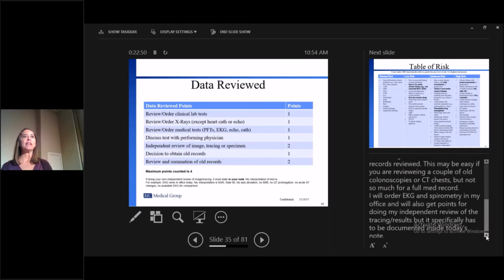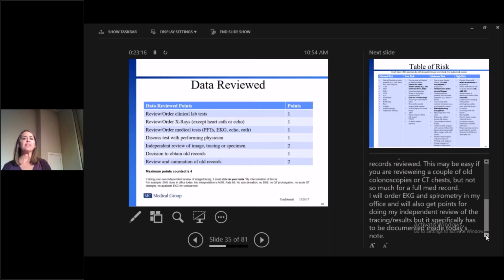My interpretation is normal sinus rhythm, rate 86, no axis deviation, no bundle branch block, no QT prolongation, no acute ST changes, and no available EKG for comparison, or compared to old EKG dated June 14th, 2019. Make sure that you have that documented in your note so that you can get the points for this.